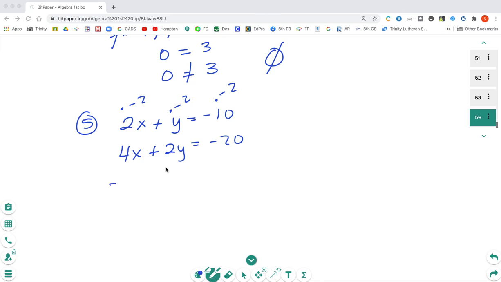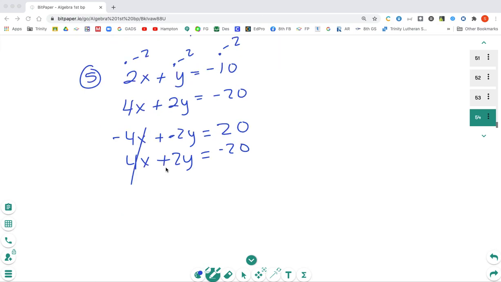So I'm going to have -4x plus -2y is equal to +20. 4x plus 2y equals -20. My x's cancel out, my y's cancel out, leaving me with 0. My 20 and -20 cancel out. Now I have 0 does equal 0, and so my solution is going to be infinity, or an infinite number of solutions. And that's how you solve with elimination.